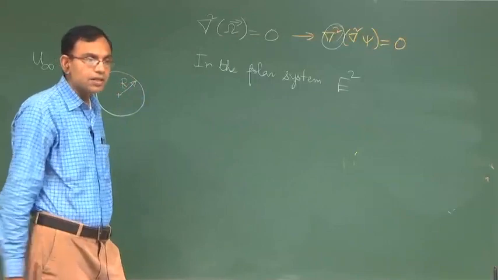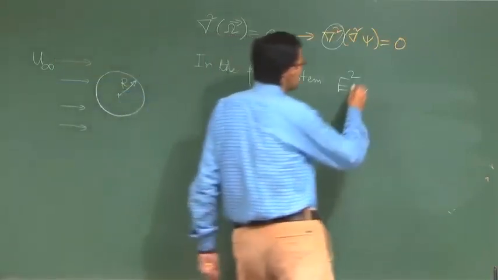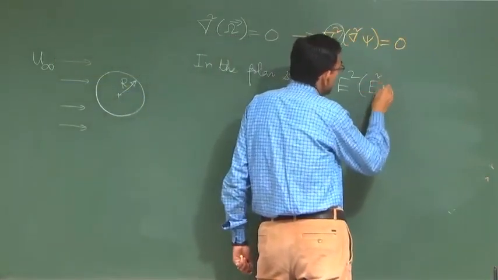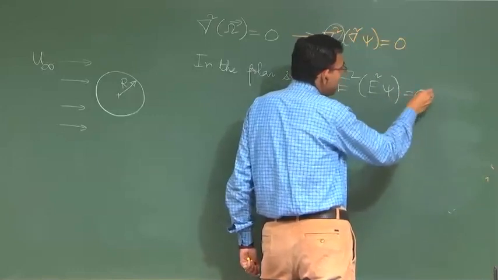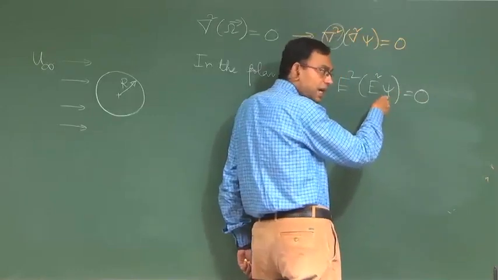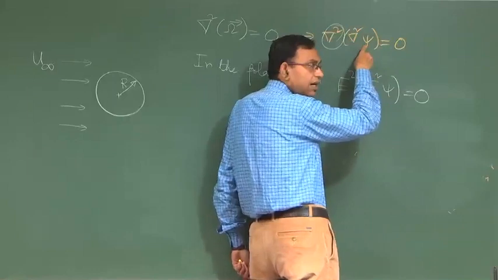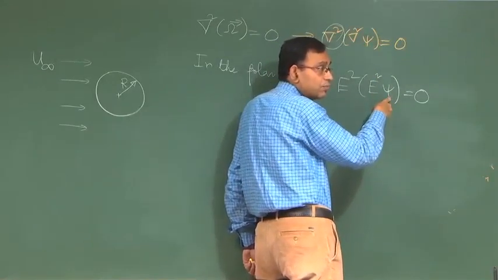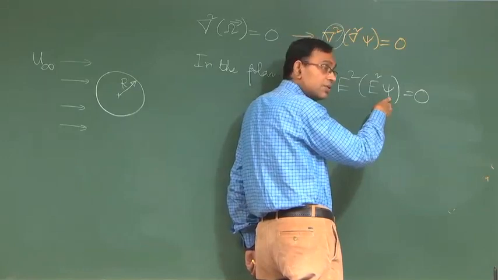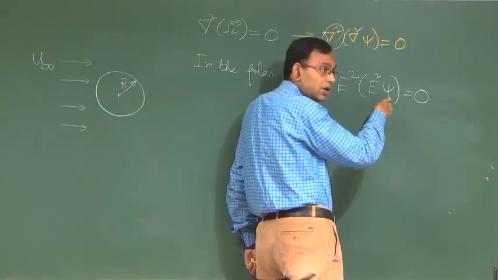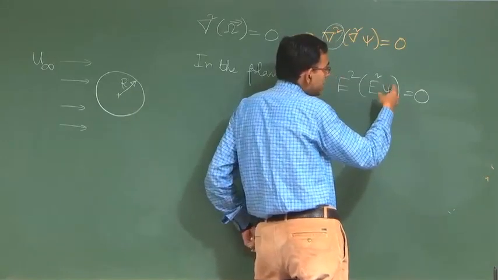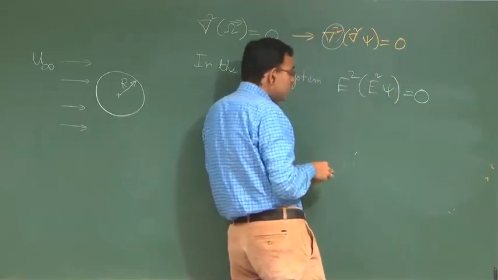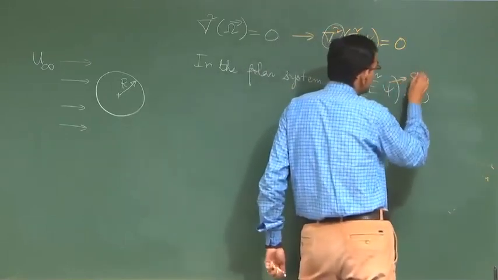I will define what is this E square, and this psi is not defined exactly the same way as in the Cartesian. This psi now has to satisfy the polar coordinate version of the continuity equation, not the Cartesian version. So this is a different stream function and this is called the Stokes stream function.